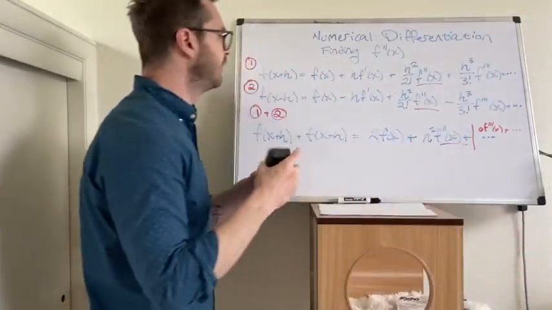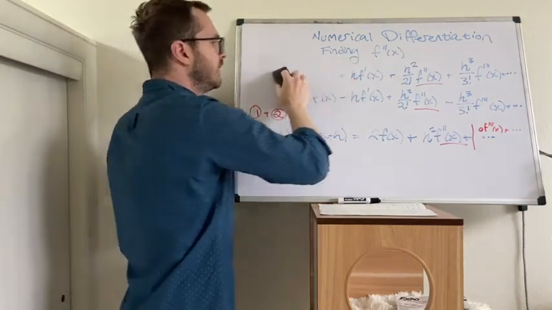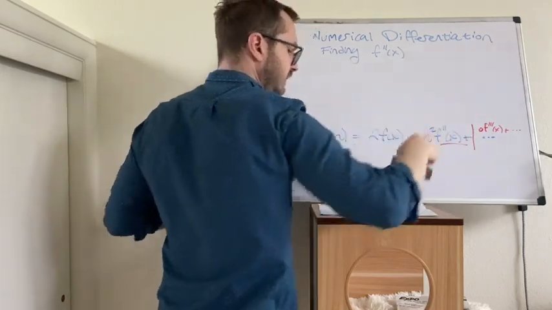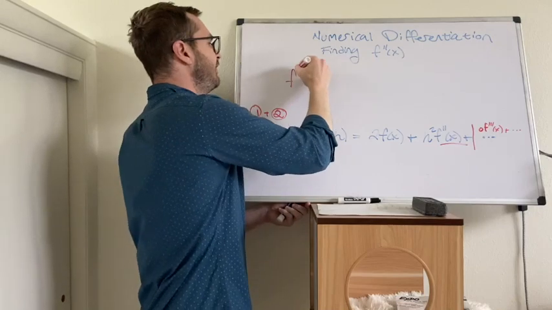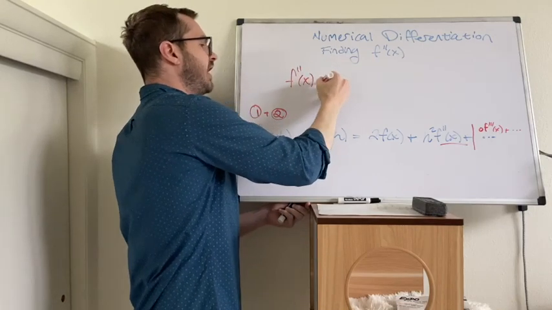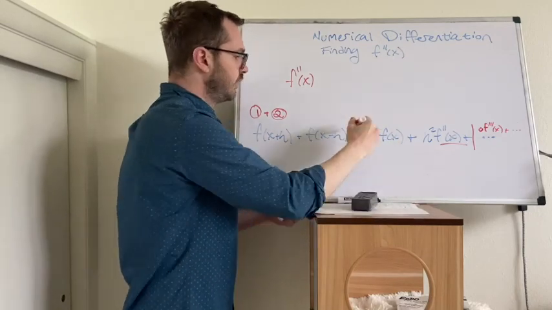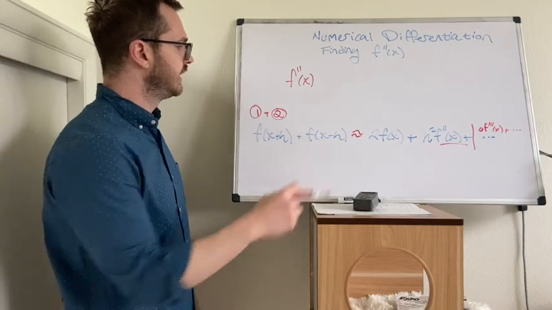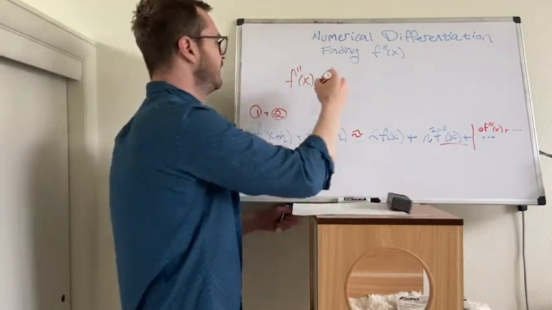So I'm going to erase the top. F double prime of x. Since we did a truncation, we know that this exact becomes an approximation. So you move this to the other side and you divide. Here's what you get.